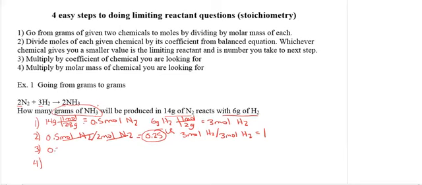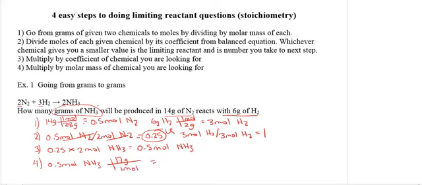So 0.25, multiply by the coefficient of what I'm looking for, 2 moles of NH3, and I'll be getting 0.5 moles of NH3. And so I need to go to grams. 0.5 moles of NH3, multiply by the molar mass, which from the periodic table is 17 grams per mole.